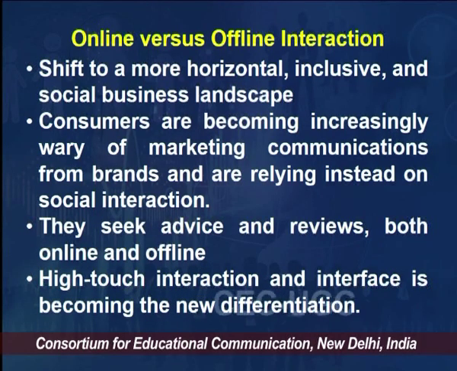Taking up the first one, let us try to understand, students, how there is a change when you move from the offline platforms to digital platforms. That is how your interaction undergoes a change. We find that there is a shift to a more horizontal rather than vertical, more inclusive and social business landscape, which means that you are interacting with a diverse group of people, even complete strangers.